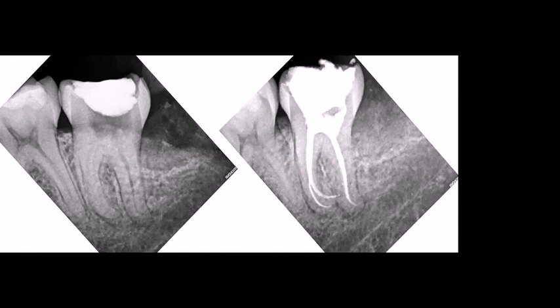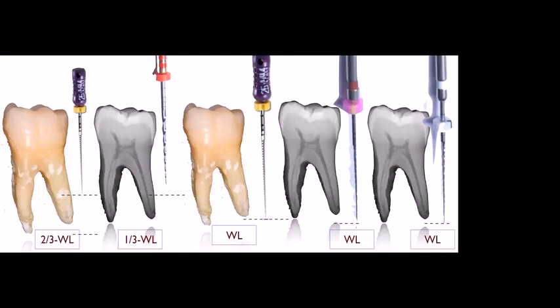with a severe curvature. For example, this case was carried out with CC file, and the sequence used was the next one. 2/3 of the root canal with the 10K file, after the 2506 to remove the coronal interferences and to enlarge the coronal third. After that, we use the 10K file up to the working length, and we use the glide path files.